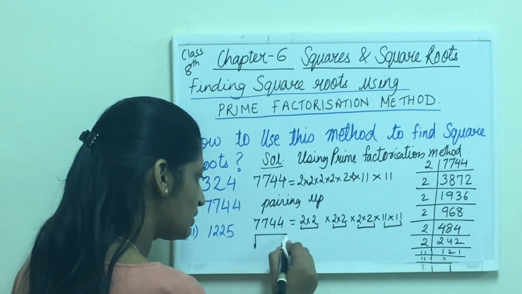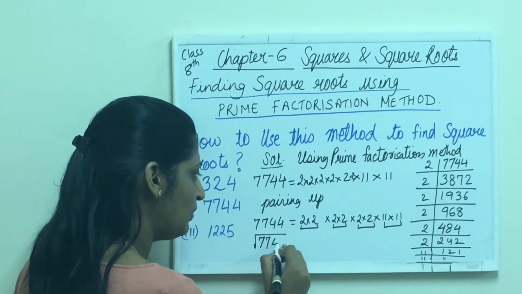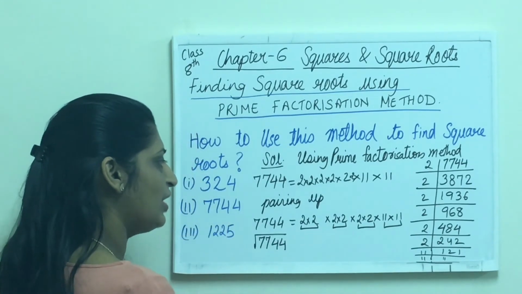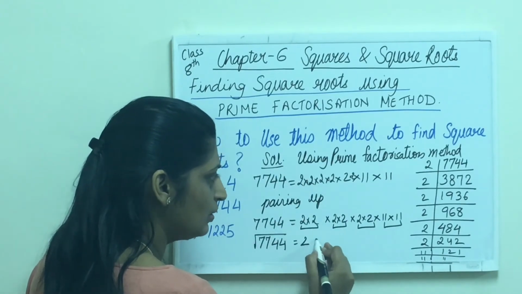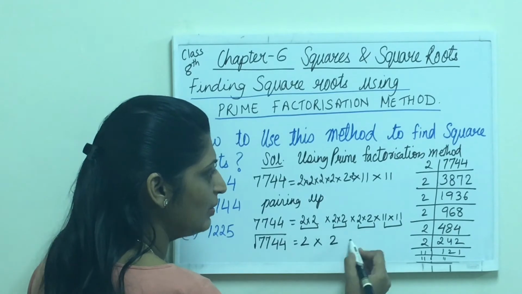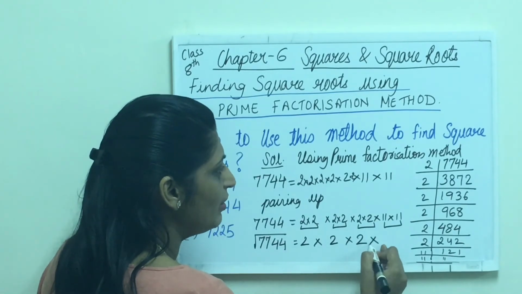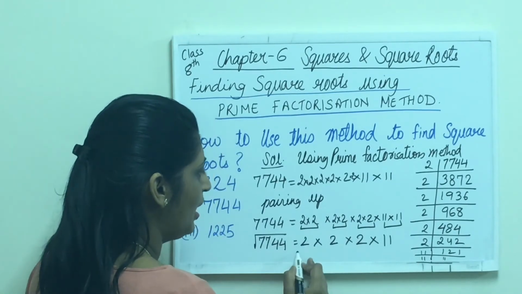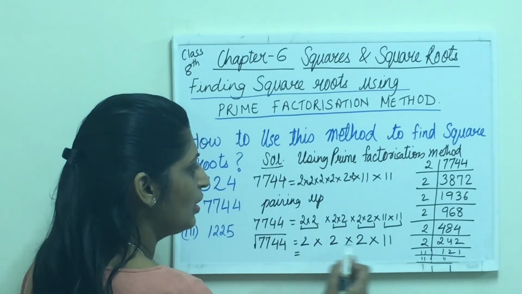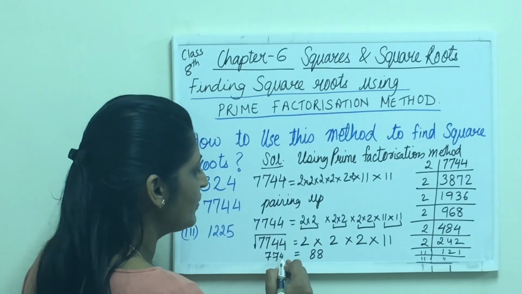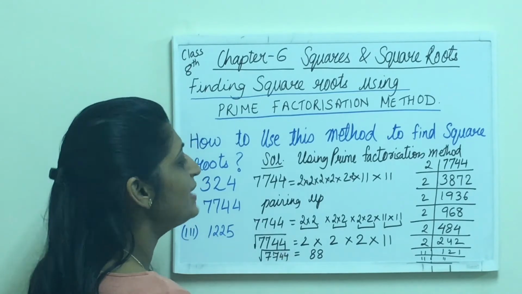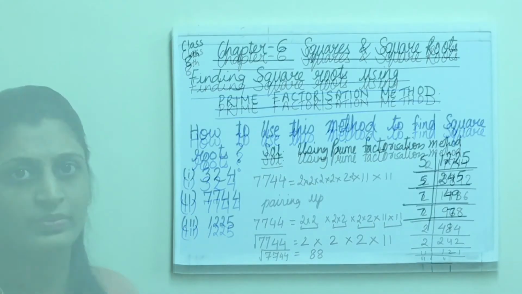Now what? Square root. So to find the square root of 7744, I'll select one number from a pair, one from each pair. And what is the solution? 88. So I conclude that the square root of 7744 is 88.